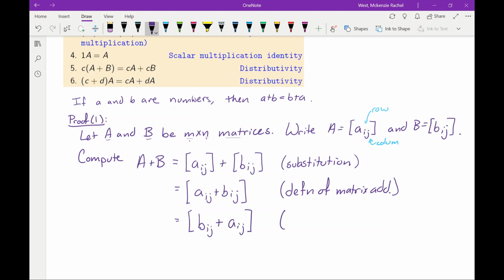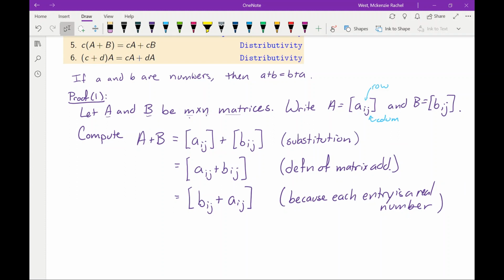So this is because each entry is a real number. Okay, and we know that we can swap the order of real numbers when we're adding. We are trying to prove we can do the same for matrices. Alright, so now we can separate them again, B sub ij plus A sub ij.